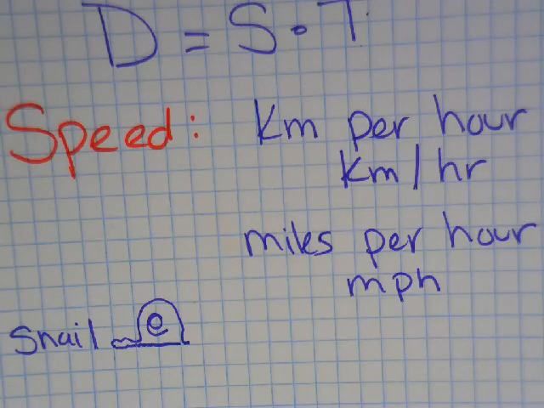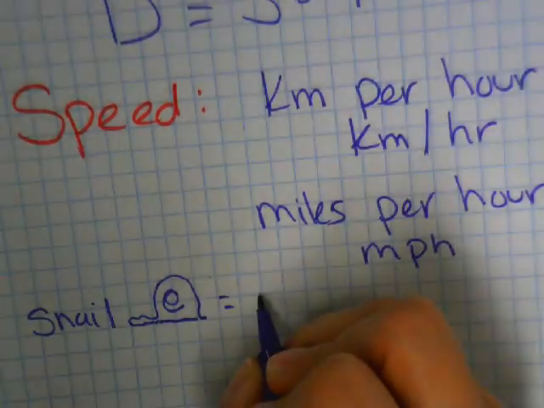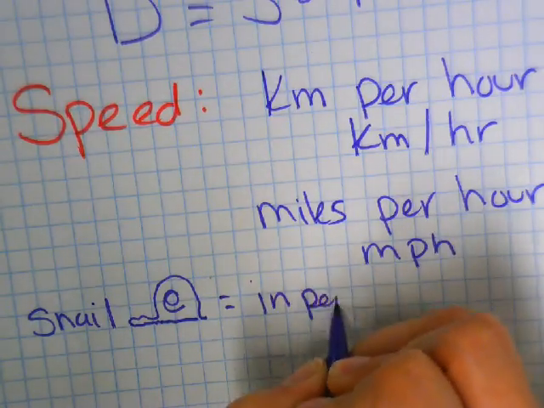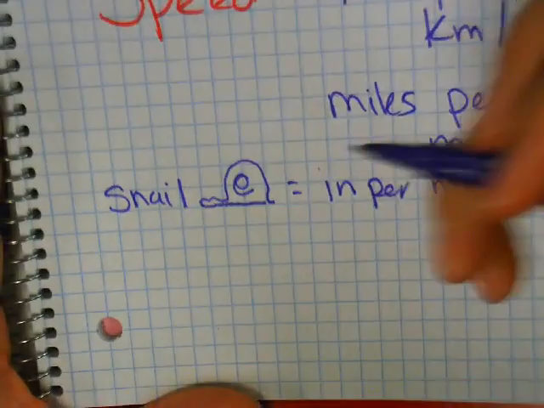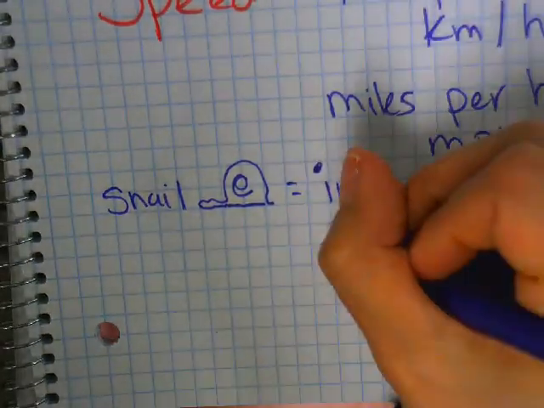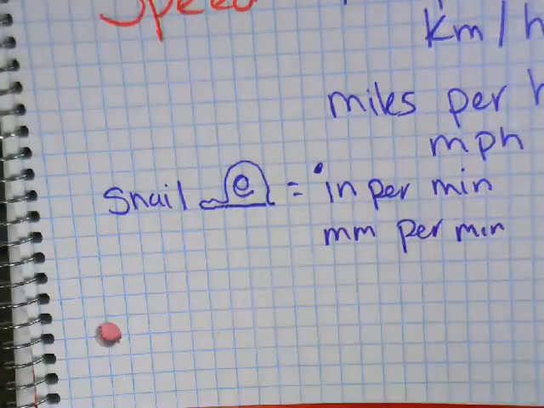So who can tell me what would be a good measurement for speed for a snail? Inches per minute. Okay. What else could it be? Millimeters per minute.